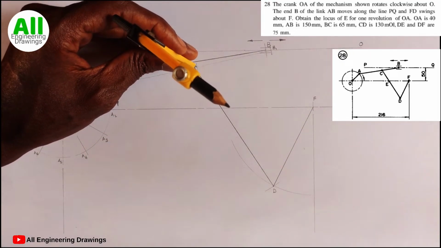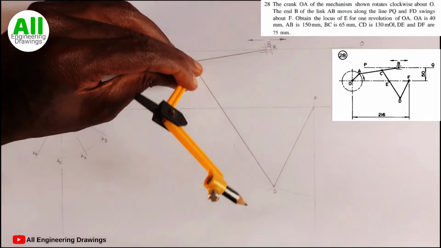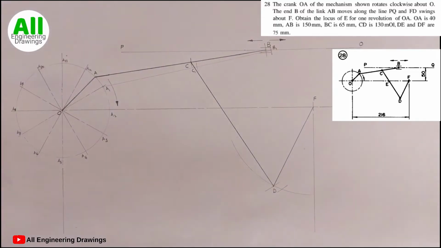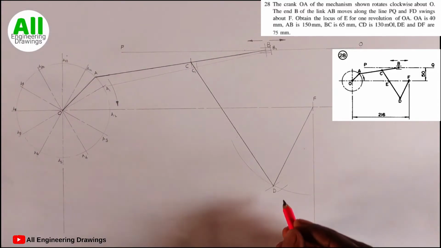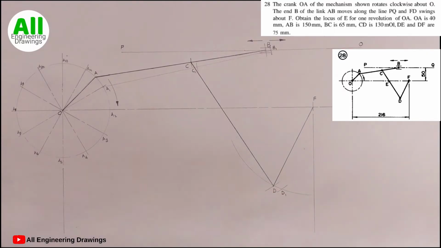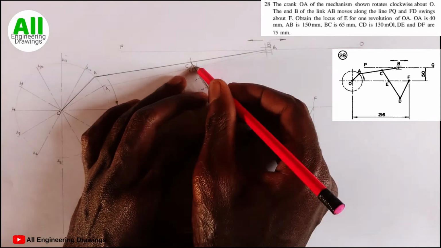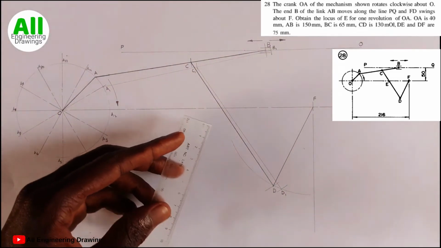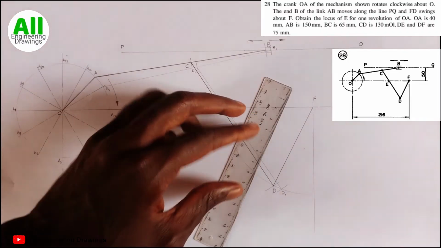Then I will cut an arc on this arc. The point where the arc cut through this arc, I will call that point D1. So there's a need for me to draw a line from point C1 to point D1. Also, a line needs to be drawn from point F to my D1.